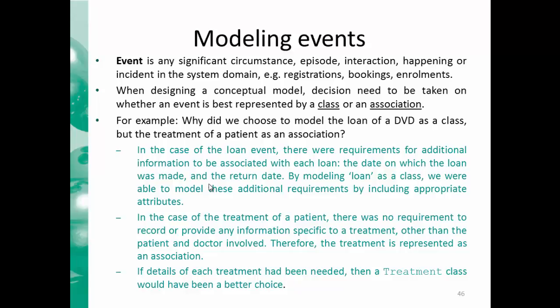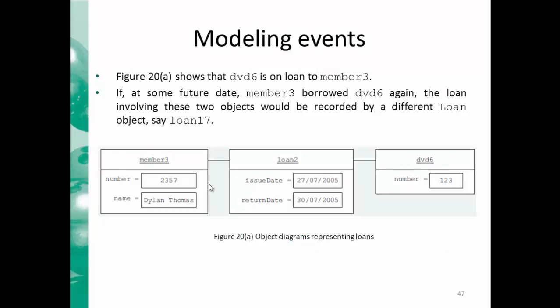The basic rule is that if there is other additional information to be associated with the event, then we may need to represent it as a class. If no additional information is required, then we may represent it as an association. In this example, we have the event loan.